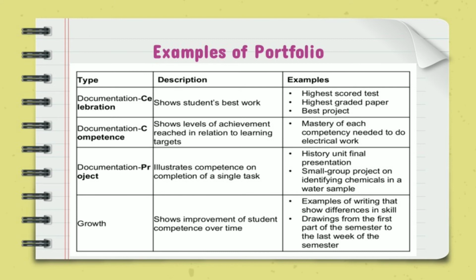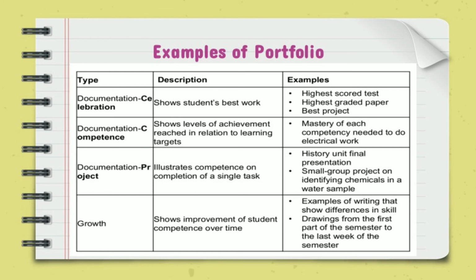For example, highest scored test, highest graded paper, and best project. Next is the documentation in competence, which shows level of achievement reached in relation to learning targets, such as mastery of each competency needed to do the electrical work.